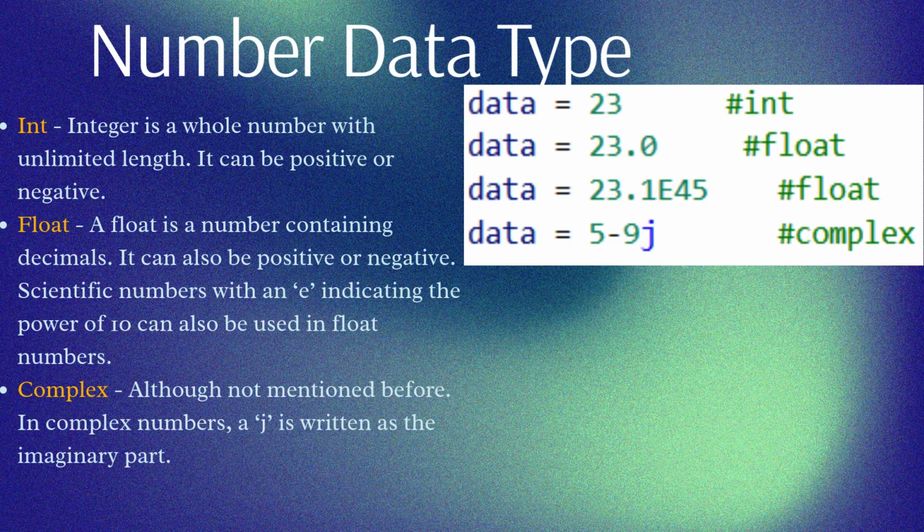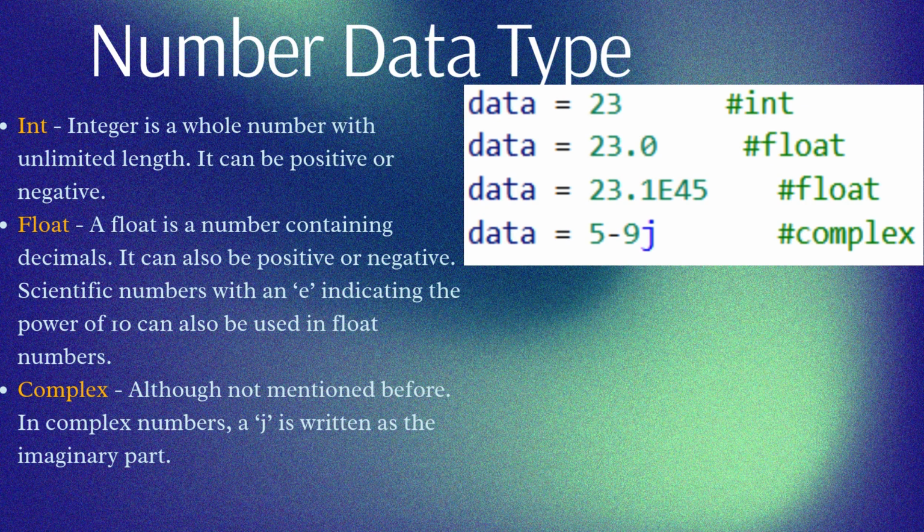like 23.0, 2.1. But one thing to note is that scientific numbers with an E indicating the power of 10 can also be used in float numbers. So you can have something like 35.1E54 or any other type of number. Also, we've got complex.